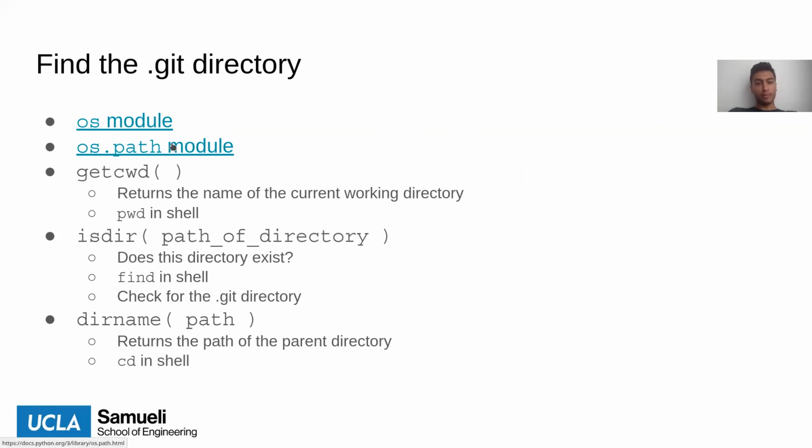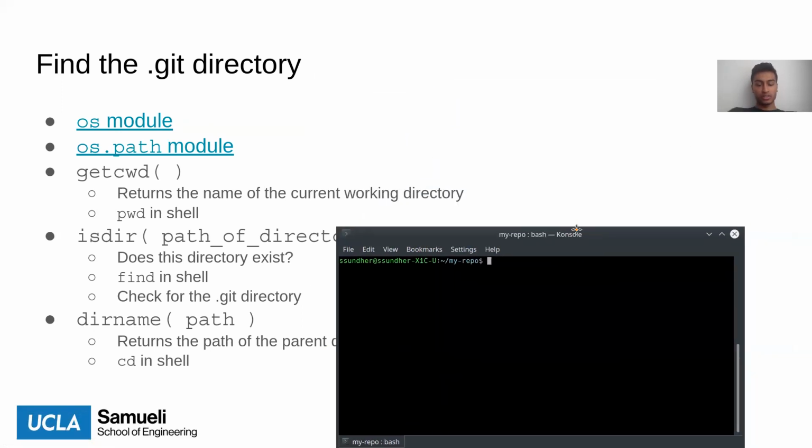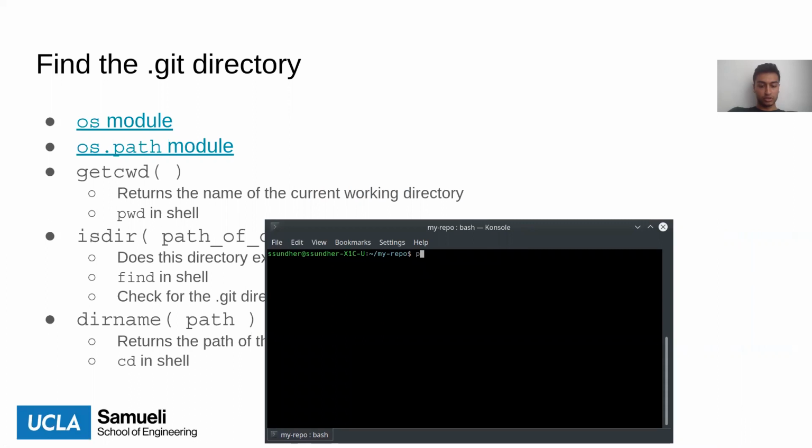There's also the os.path module. And what this does is it lets you manipulate file paths. And here are some important functions that you want to use. I'll demonstrate here. So the first one is getcwd. Let me go into Python real quick and import os so I can use these functions.